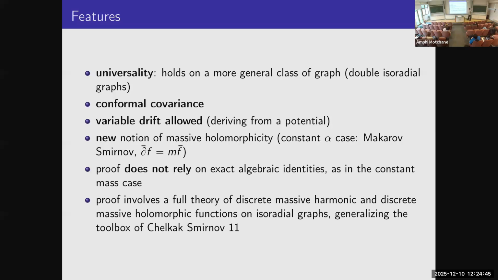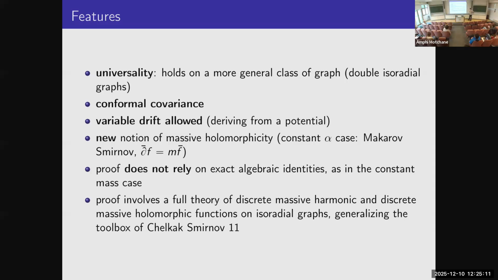Another important fact is that our proof does not rely on exact algebraic identities, because in the constant case people use a lot the Bessel functions or exact identities with the weights, which we cannot do in the variable setting. So this is a new feature of our proof.